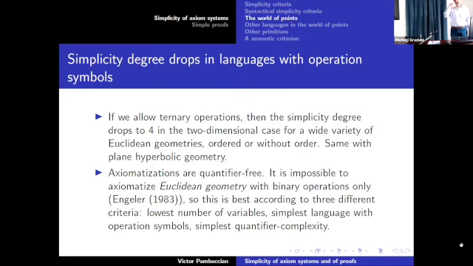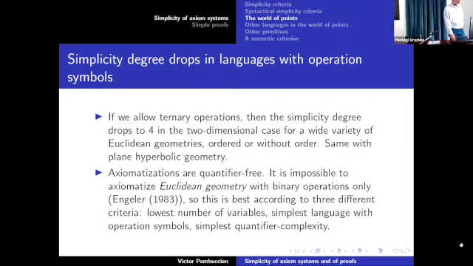And we know from a theorem of Engelen in 1983 that even if you allow for quantifiers, you can't express Euclidean geometry just by binary operations. And you can also prove that the operations themselves are both needed, and there are 2 in general in all these things, and that you can't get rid of one.